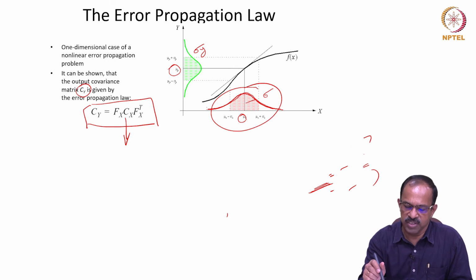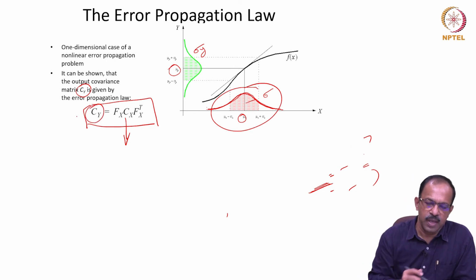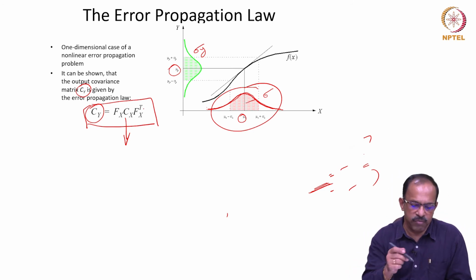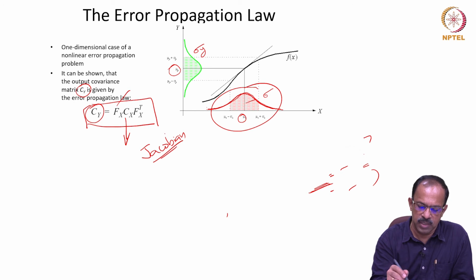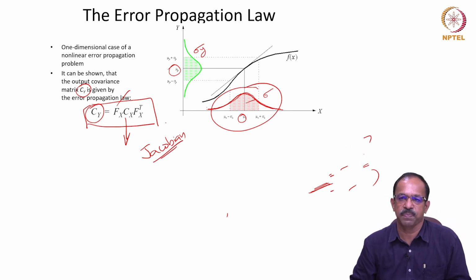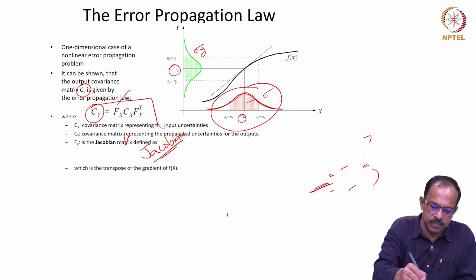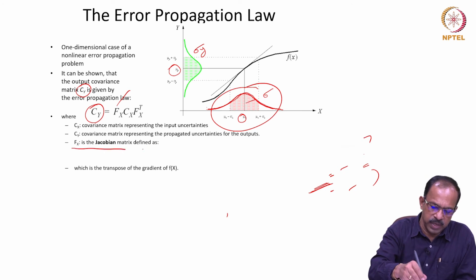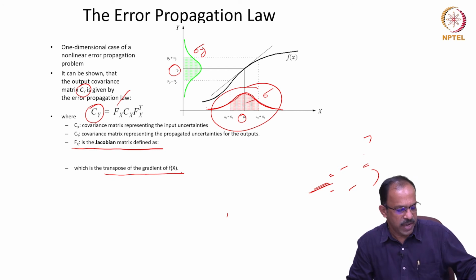If the error covariance in x, or the mu x or the Cx, is known, then we can get Cy as Fx Cx Fx transpose, where Fx is known as the Jacobian, which depends on the function y equal to f of x. Cx is the covariance matrix and Fx is the Jacobian, which is defined as the transpose of the gradient of f.